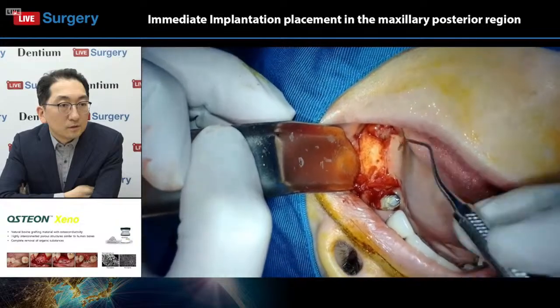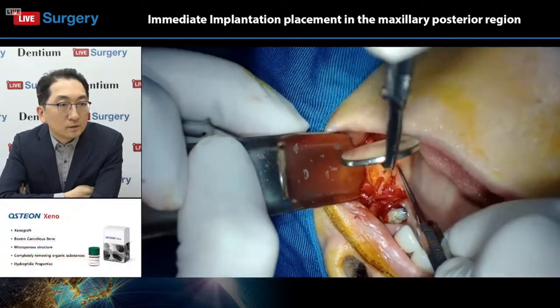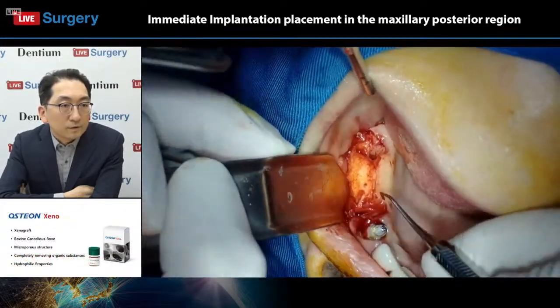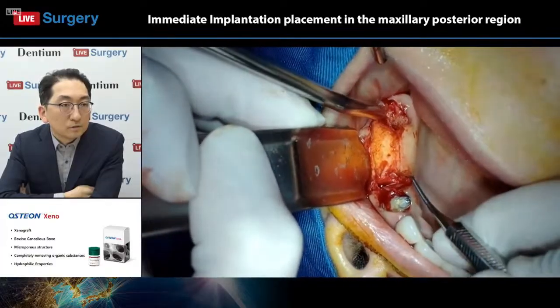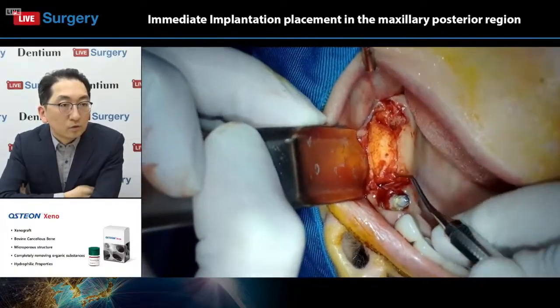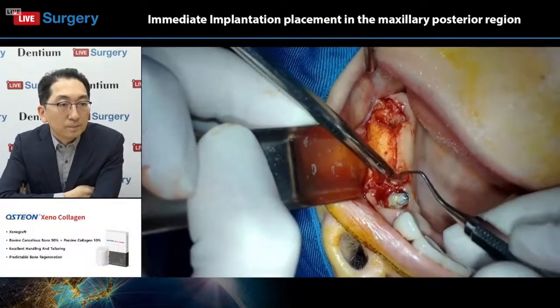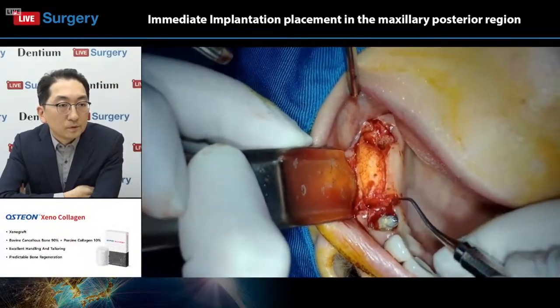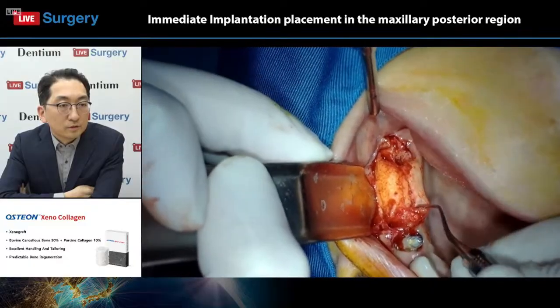Yes. After extraction, now raise the palatal flap using curette 2.